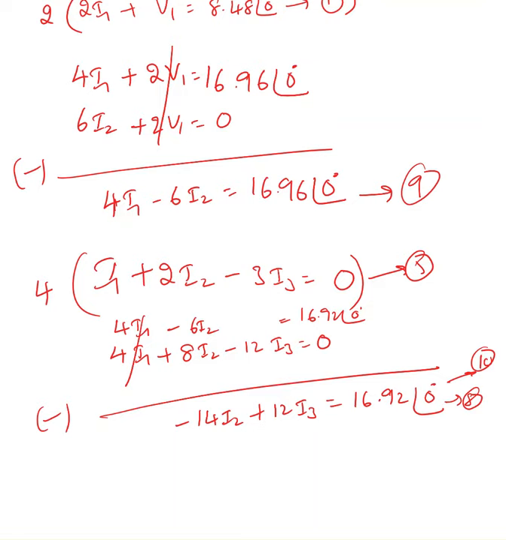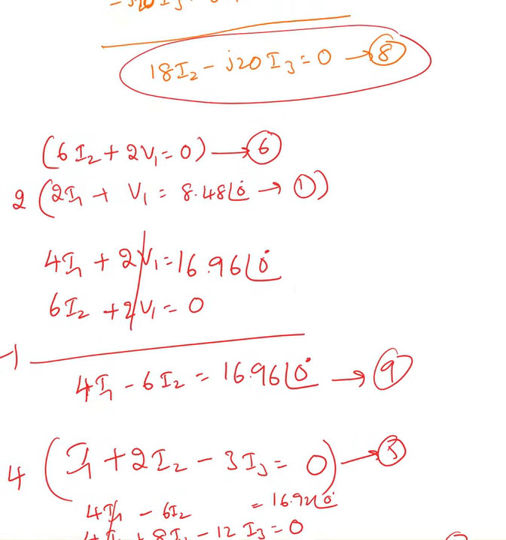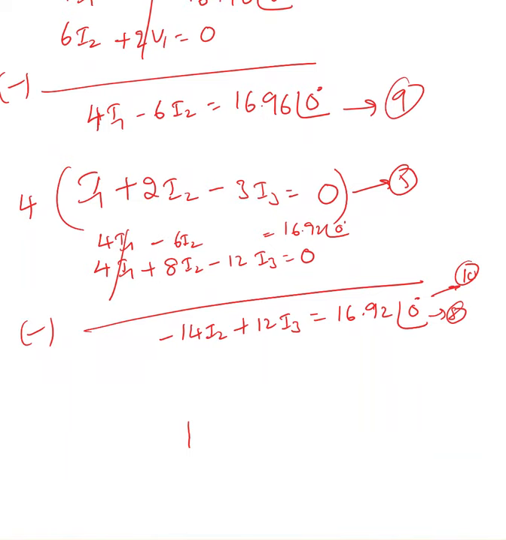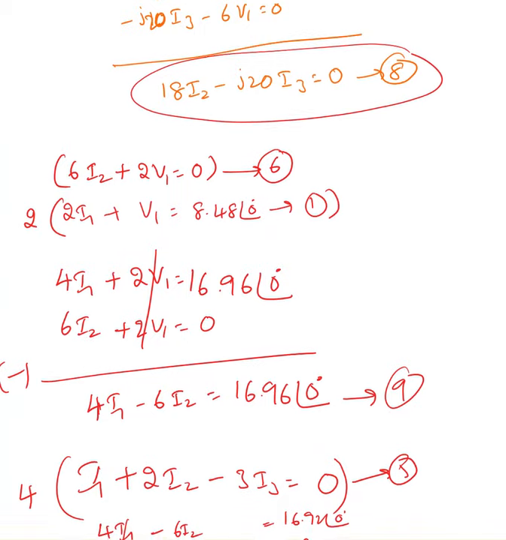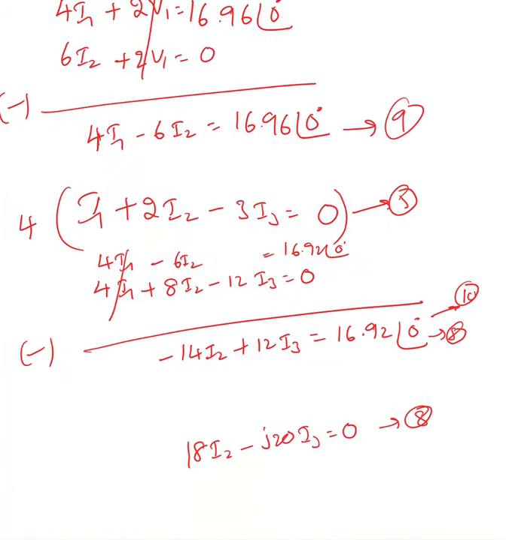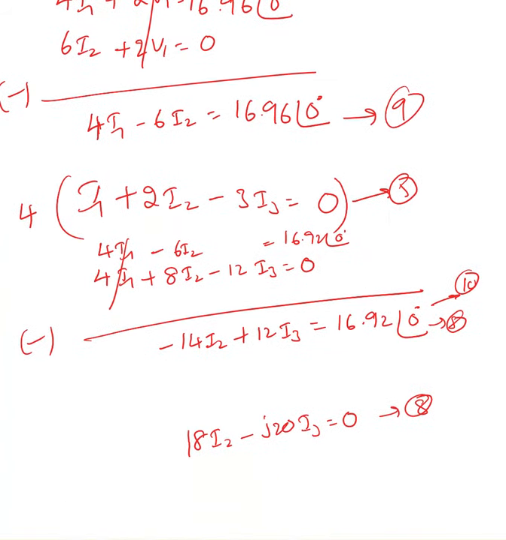In equation 8, I have 18I2 minus J20I3 equal to 0. Now equation 10, I have minus 14I2 plus 12I3 equal to 16.92 at an angle of 0. This is our 10th equation.